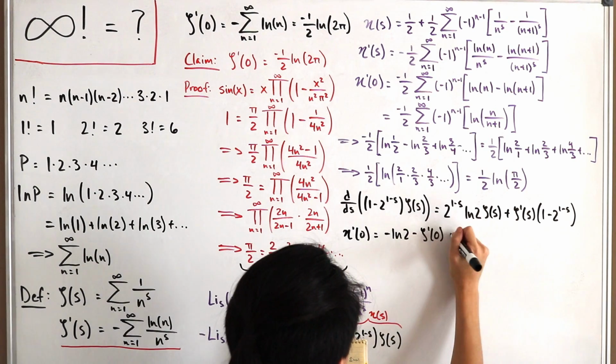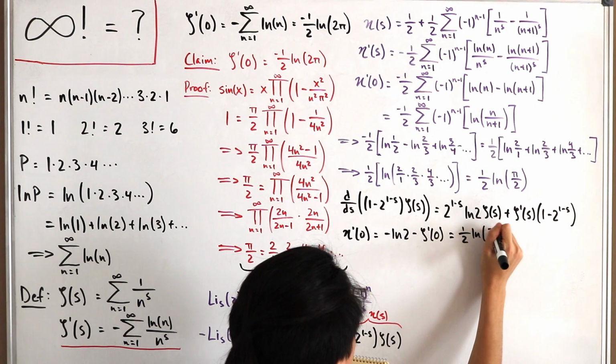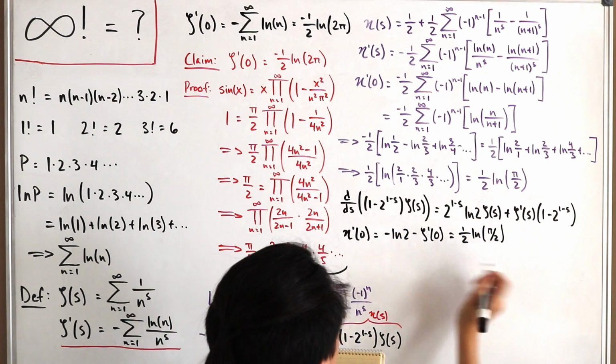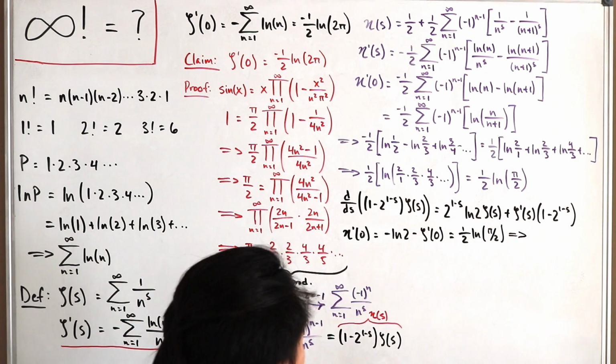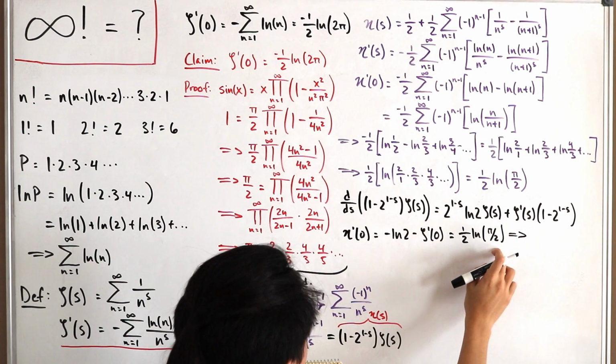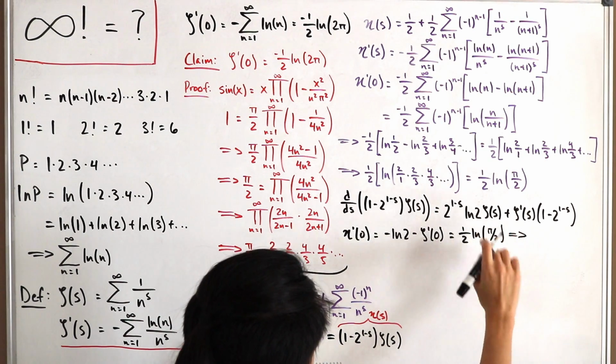Okay, and then we set that equal to 1/2 ln of pi divided by 2, which if you showed the work, keep going forward, if you just add the natural log of 2 to both sides, then we have 1/2 natural log of pi over 2 plus ln of 2.